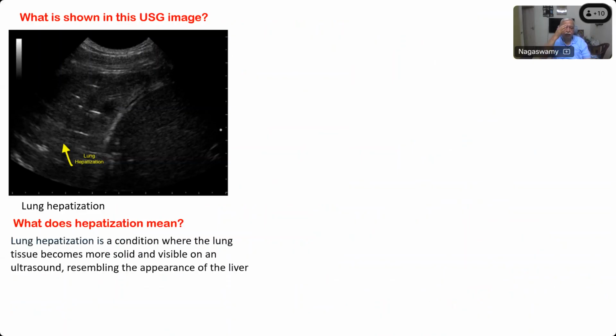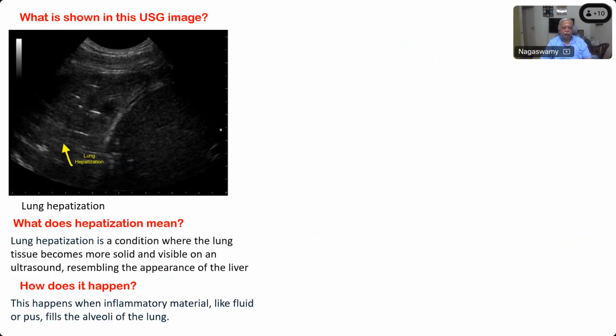Pneumonia is correct, but what is the description for hepatization? Hepatization is a condition where lung tissue becomes more solid and visible on an ultrasound, resembling the appearance of the liver. It happens because inflammatory material like fluid or pus fills the alveoli of the lung.